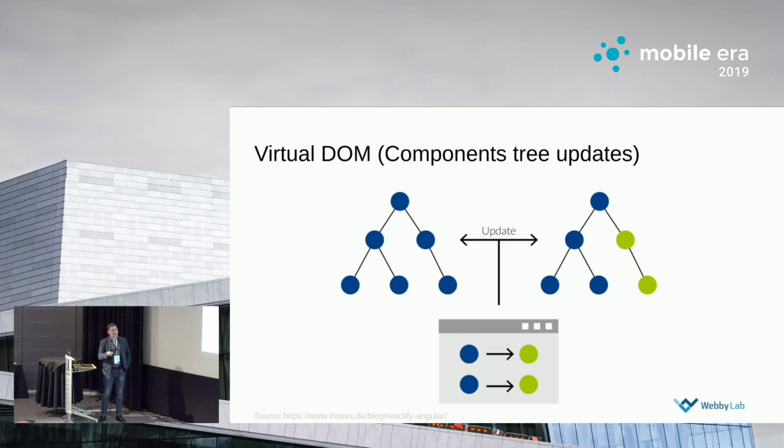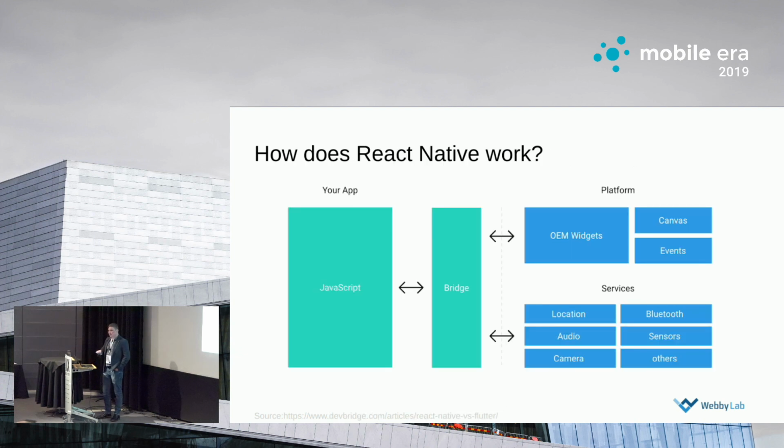So it's rather performant. If you re-render everything in React, and after the render only one label on a button has changed, then React will apply only one change to your real UI. And it works in this way for web, but in React Native, it's absolutely the same UI, absolutely the same React.js, nothing different, the same library, but it works in a separate thread.